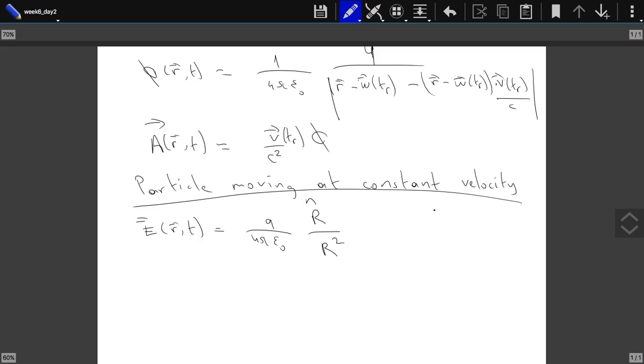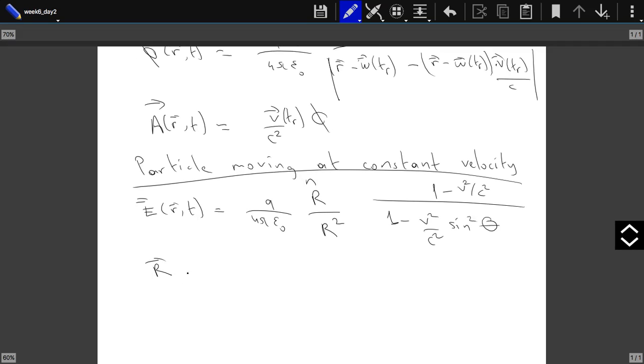There is a small correction: 1 minus v squared over c squared. In modern physics, you are probably familiar with these factors, 1 minus v squared over c squared, appearing everywhere. Here we didn't do any special relativity, but from Maxwell's equations, we automatically get those factors. Divided by (1 minus v squared over c squared sine squared theta).